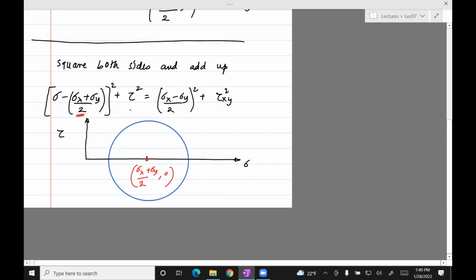Okay, which you can see is over here. And then the radius of the circle is nothing but the square root of the thing on the right side. This looks like gamma r.